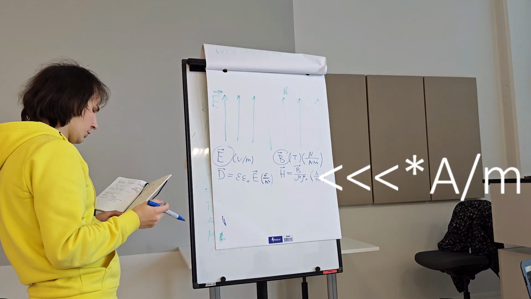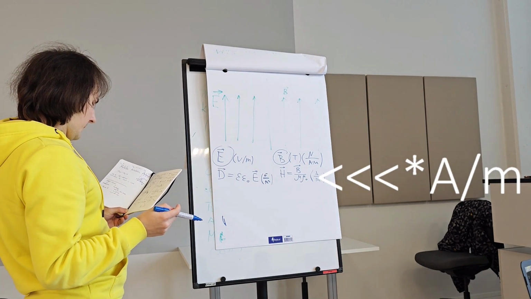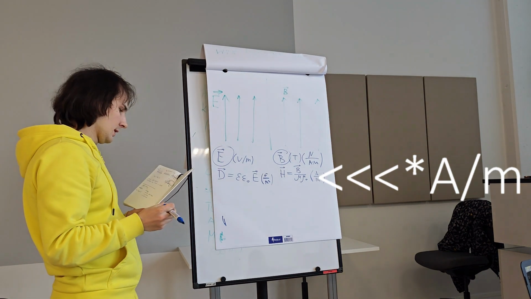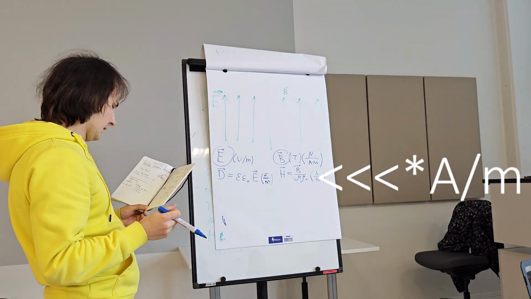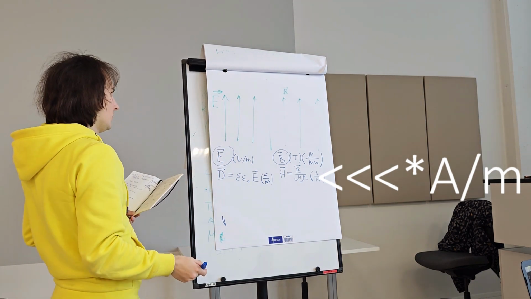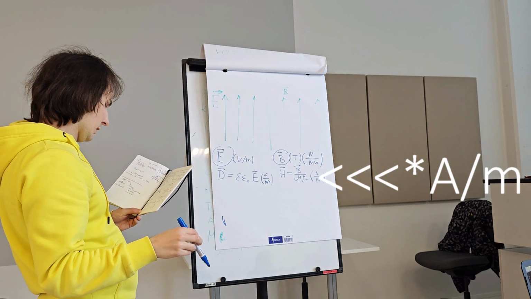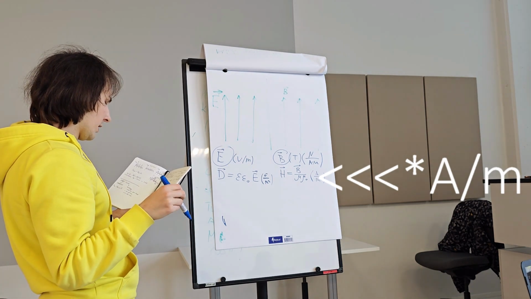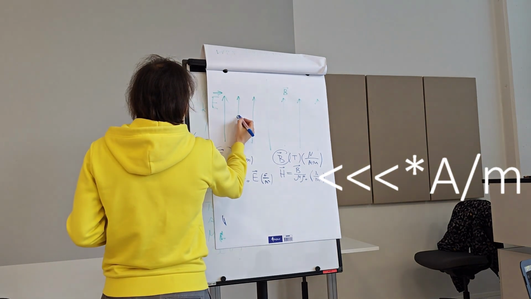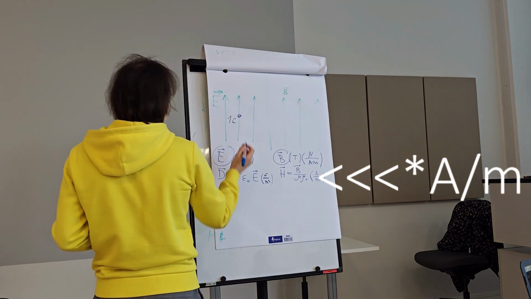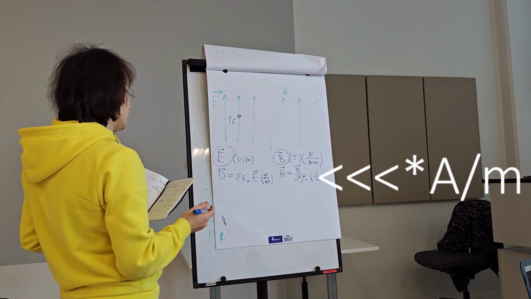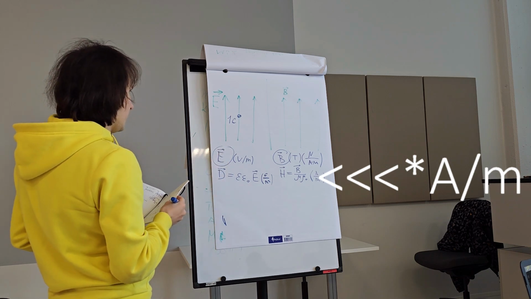What is actually vector E? What does it show? I can tell you what is the physical meaning of this electric field strength. The absolute value, the number of the electric field strength, actually tells you how much force is acting on the charge of 1 coulomb placed inside of the electric field of certain strength.